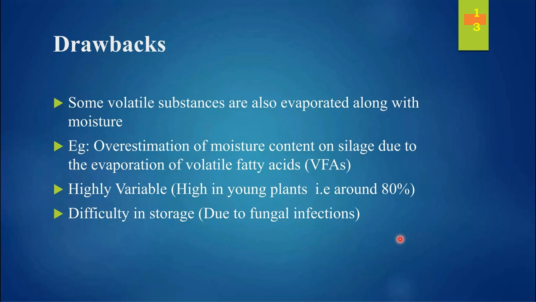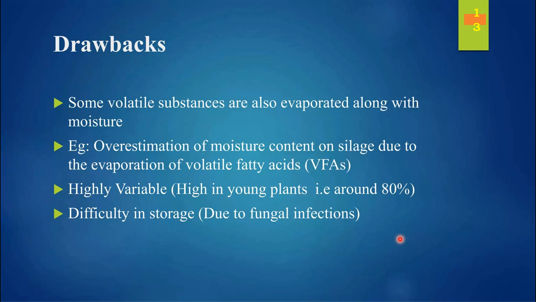Sometimes there is overestimation of moisture content in silage due to the evaporation of the VFAs. Volatile fatty acids are very important nutrient contents, especially in the case of ruminants. If they are lost, the feed quality or nutrient quality will also be affected.